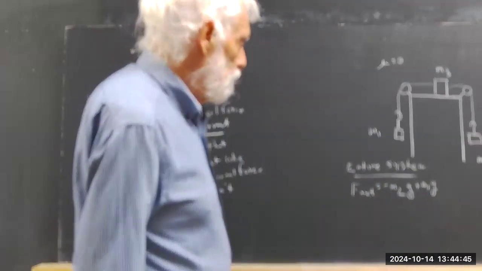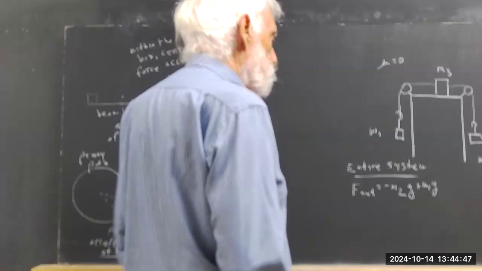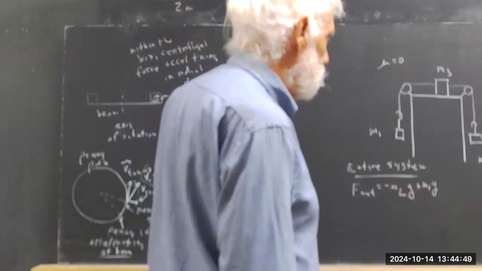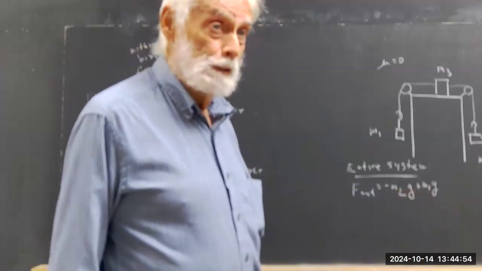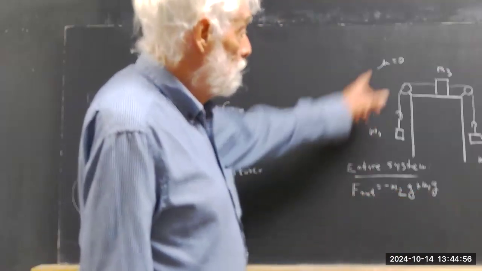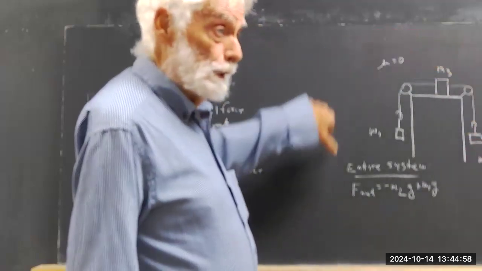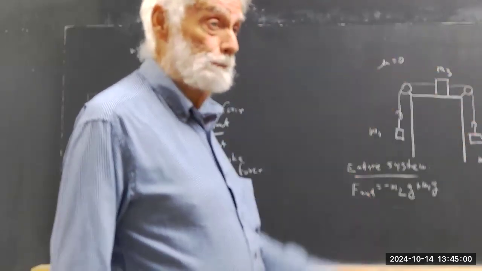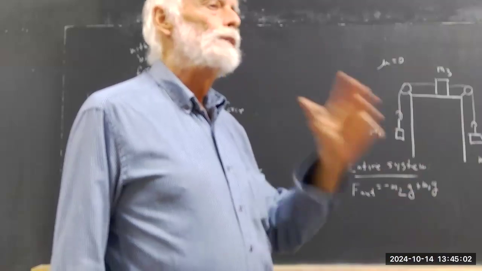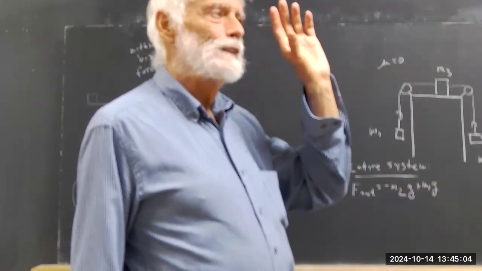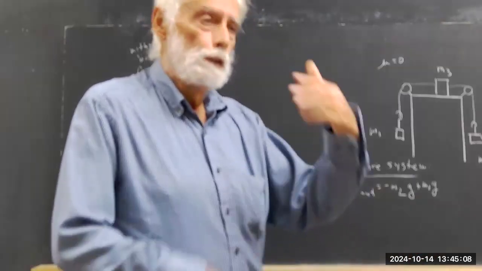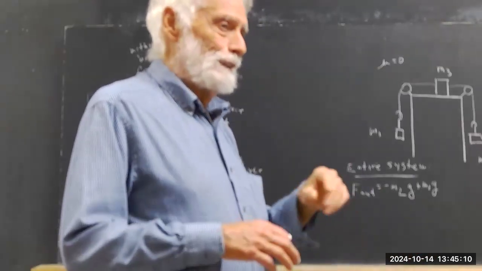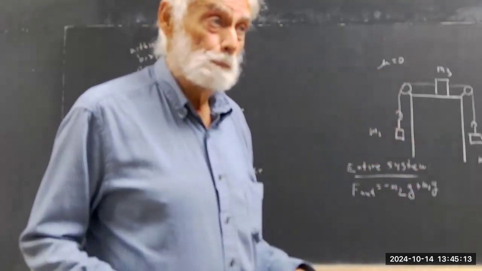I say the net force is negative M2G plus M1G. Why do I say that? Why is this negative and this positive? Because we have rotation, and the positive direction of rotation is counterclockwise. It doesn't always have to be like that, but in this course for right now, it does. Because you're going to confuse yourself if you have to specify what direction of rotation is positive.